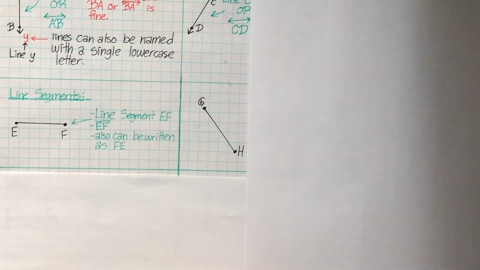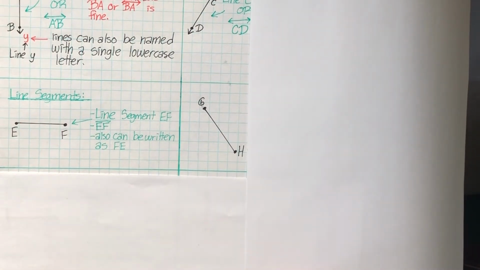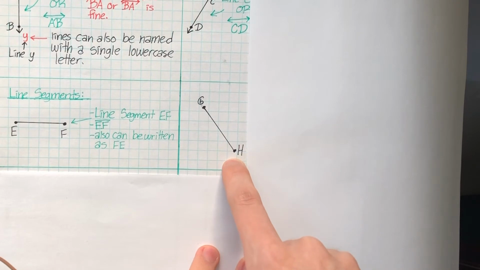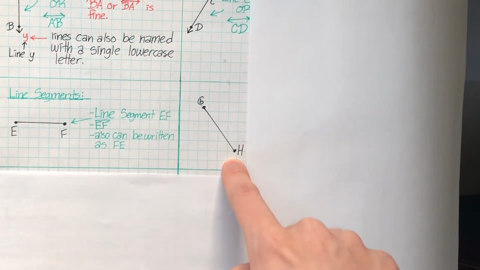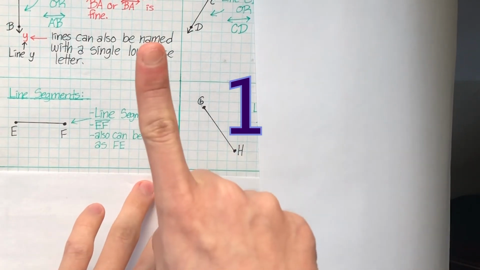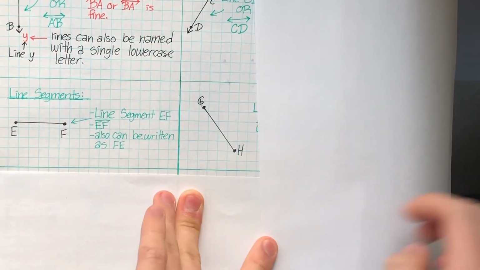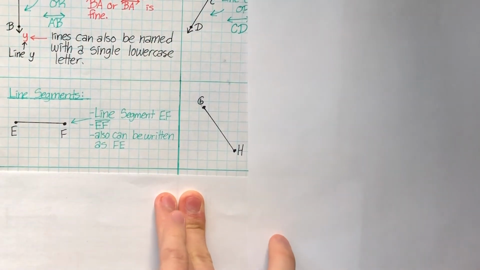So here we have another line segment. I will give you guys another 3 seconds to figure out what this is. And once again, pause the video if you need it. Okay, so, I kind of leaked the answer, but it's okay.